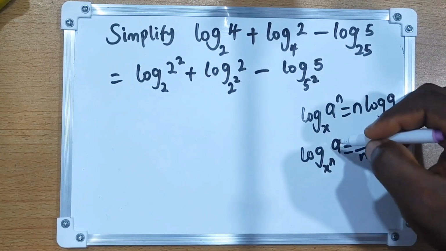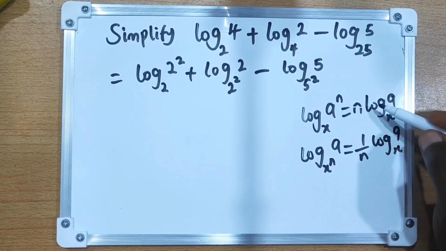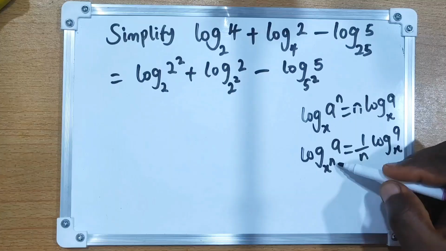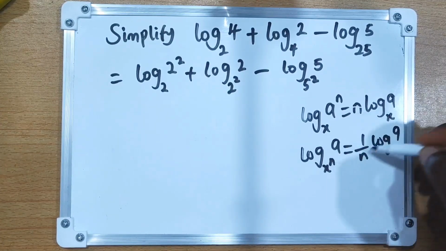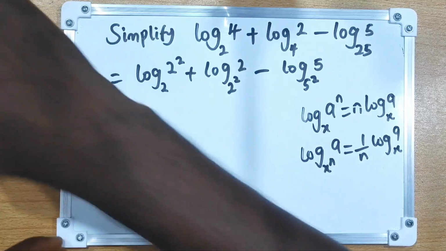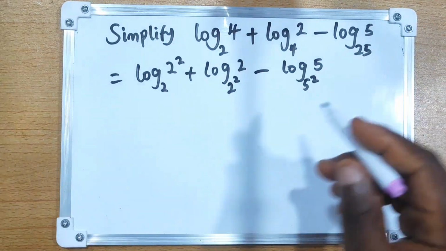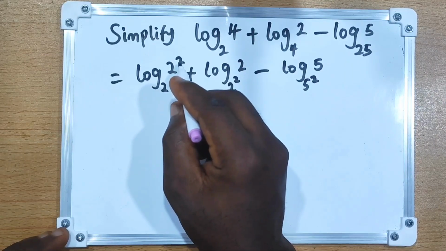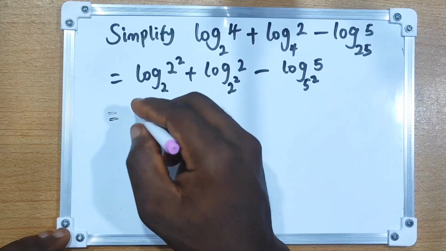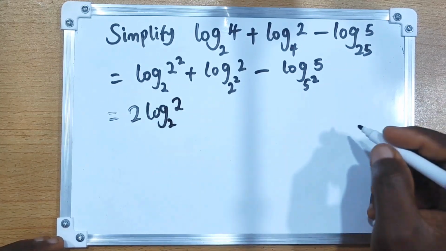So we're applying these 2 laws here. Remember, when the power is on the number, it becomes a coefficient, but when the power is on the base, it becomes an inverse. So I'm applying this now. For this 2, I can bring this power 2 behind, and it's going to be 2 log 2 base 2.